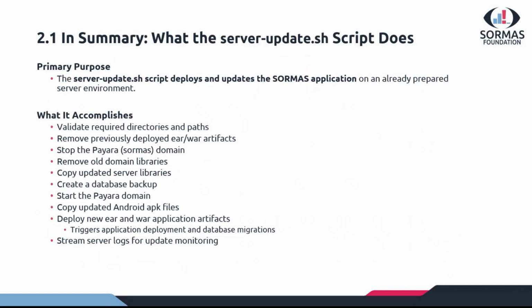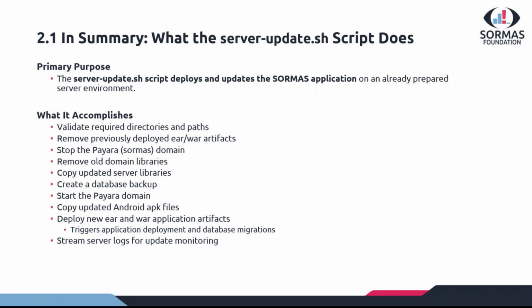Okay, so this slide explains what the server update script does in summary. It deploys and updates the SORMAS application. If there's any existing deployment, it removes the existing deployed archives and redeploys the new modules, SORMAS backend, UI, and REST, and the Android application as well. Then it checks whether all the directories are there.